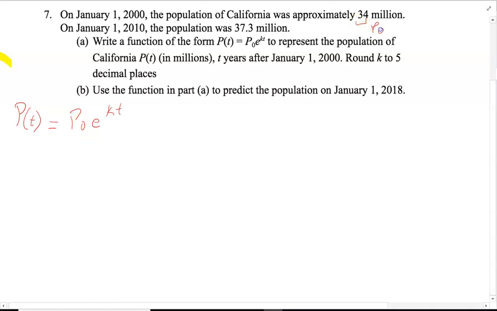The remaining population, or the final population, we want to call P of t, which is in the year 2010. Let's just plug in for P of t. So 37.3 is equal to 34 e to the kt.